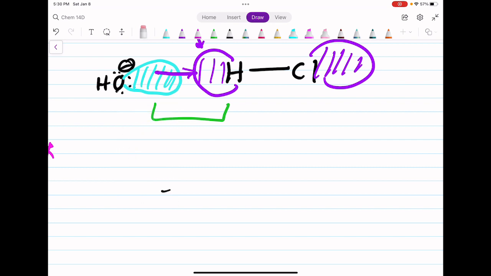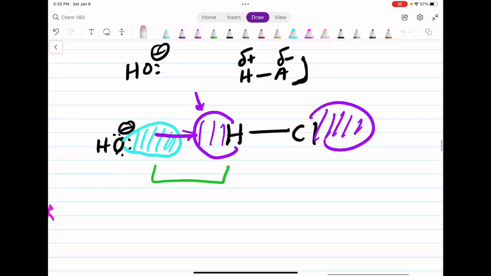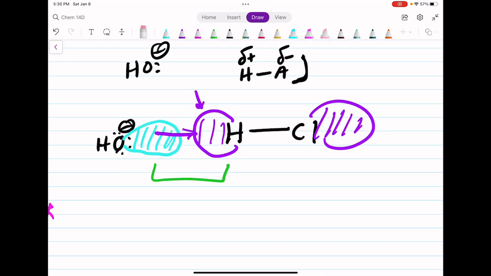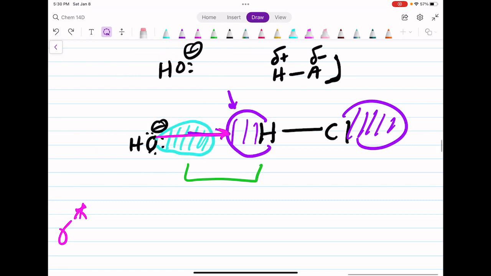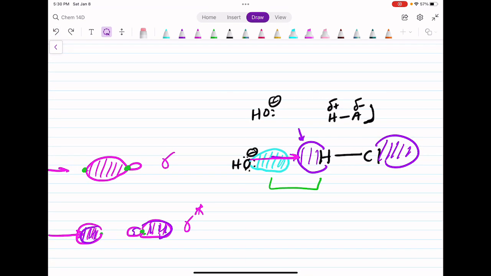The most efficient way we can overlap these two orbitals is a head-to-head overlap. That's why the hydroxide wants to come in exactly from this trajectory, because then when it overlaps this orbital, it's going to make the maximal amount of overlap with that antibonding orbital, which is going to give us the best way to weaken that hydrogen-chlorine bond.